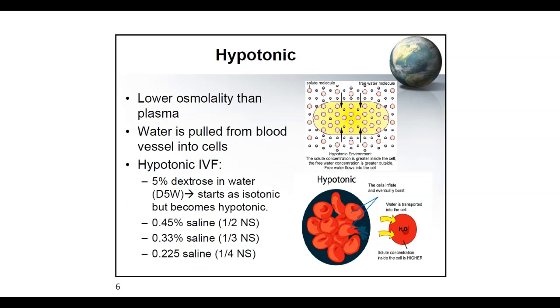It starts as isotonic, but it ends up becoming hypotonic. Other examples include half NS, 1/3 NS, 1/4 NS. As you can see, it's a lower concentration.